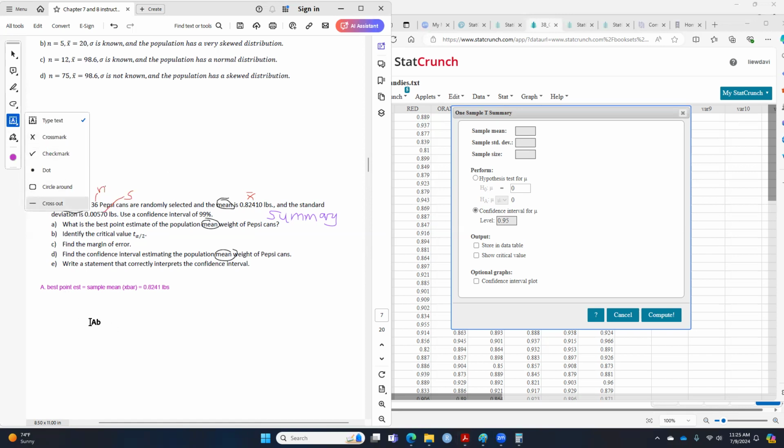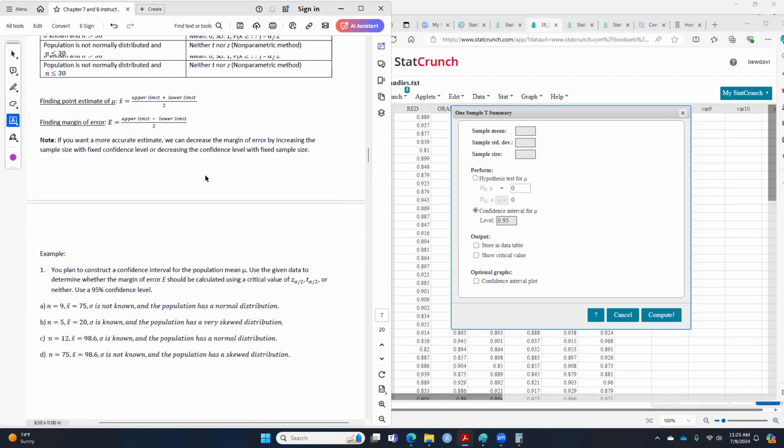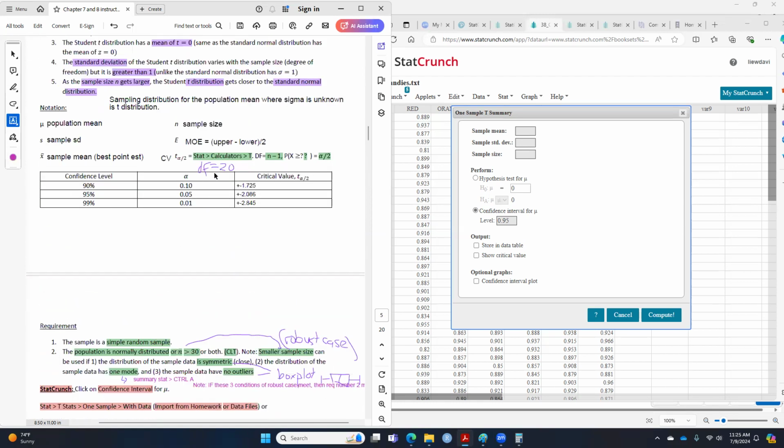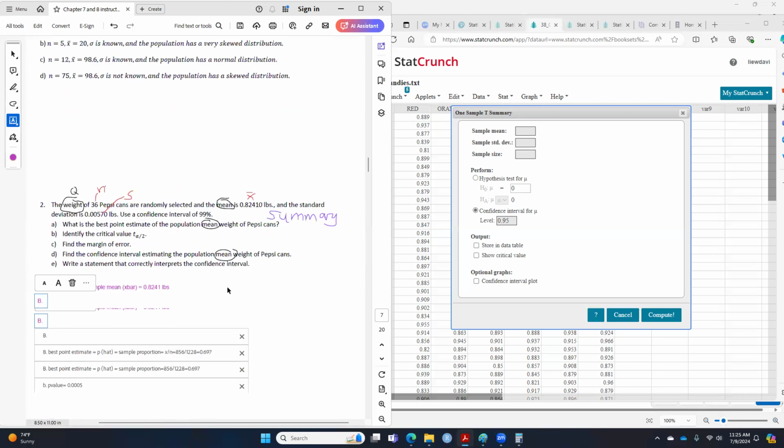Question B is to find the critical value. In order to find the critical value, this is the one that we just did here. You go to Stat, Calculator, T, degree of freedom, and then you do this. So we're going to do the critical value for question 2.